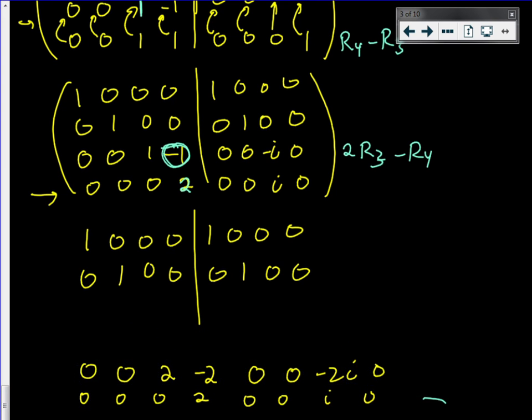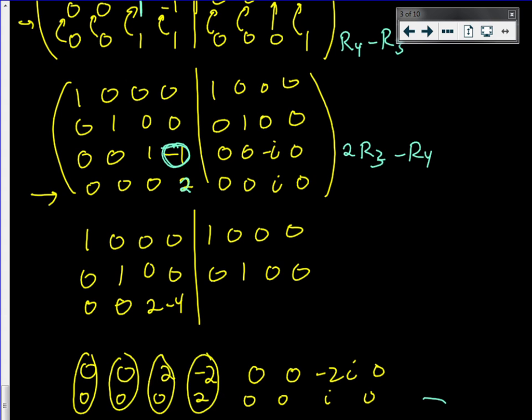Two times row 3. Okay. 0 minus 0 is 0. 0 take away 0 is 0. 2 minus 0 is 2. Negative 2 minus 2 is negative 4. Excuse me, I wanted to add them.